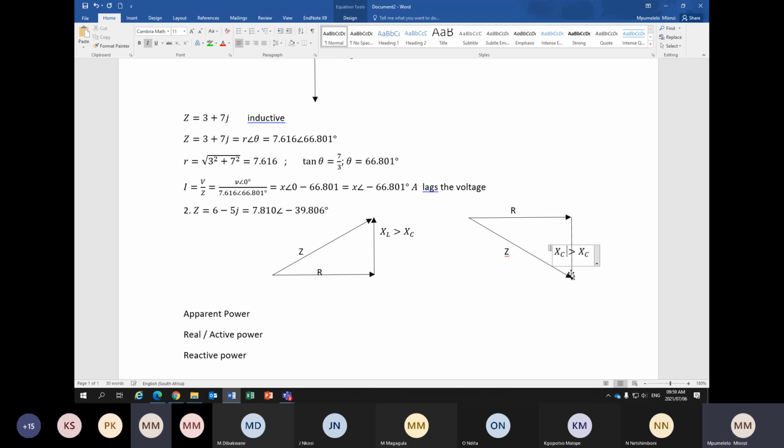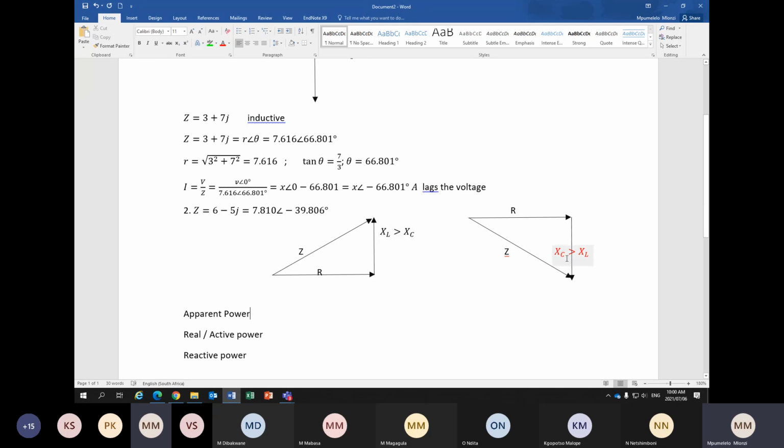If you have this, you'll have XC being greater than XL. Let me highlight this so that it can be visible. Remember XL is accompanied by the positive J. That's why it will be facing up, because the reactance of the inductor is greater than the reactance of the capacitor.